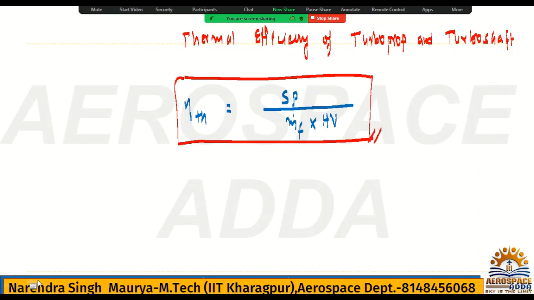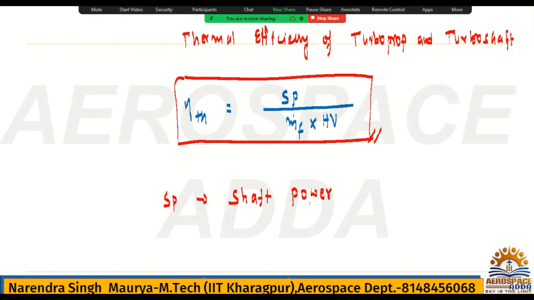All right. What is the SP? It is called shaft power. So for both turboprop and turboshaft, this is the thermal efficiency formula.